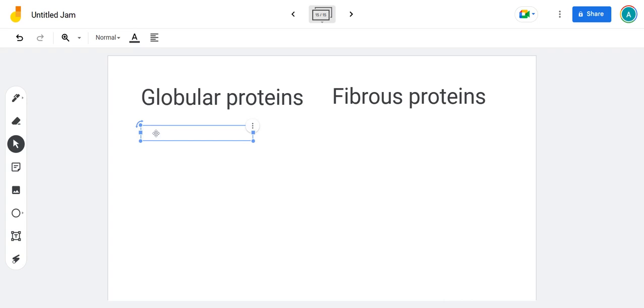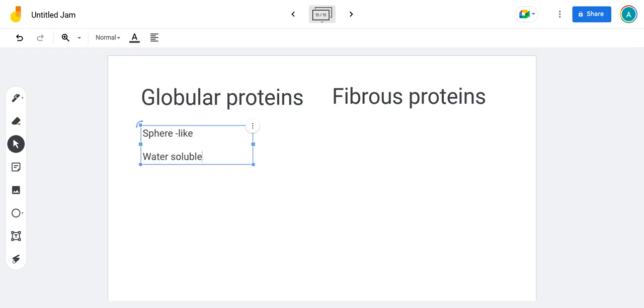Okay, so globular proteins, let's think about those first of all. Globular proteins are kind of like a ball, kind of like a sphere, a circular football-like protein. So they're sphere-like, like a ball. They'll have the hydrophobic parts in the middle, hydrophilic parts towards the edges, and this means that they tend to be water soluble.